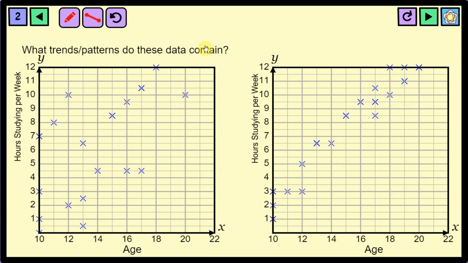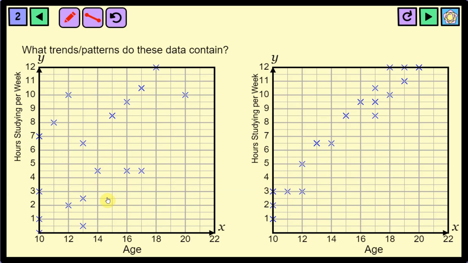So, what kind of trend or pattern do these data contain? So we've got age and hours of studying per week, and age and hours of studying per week again. So maybe we just interviewed different sets of people.